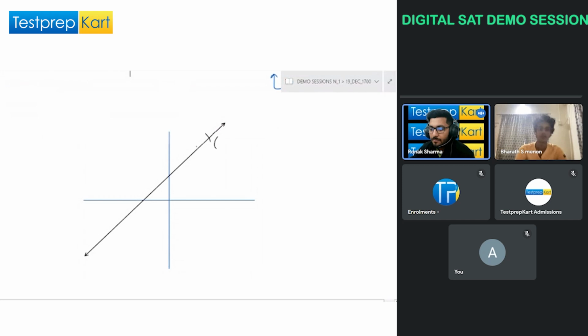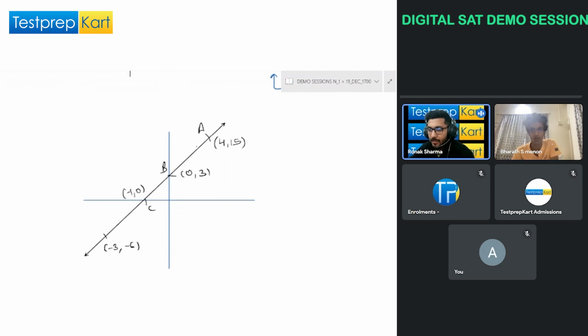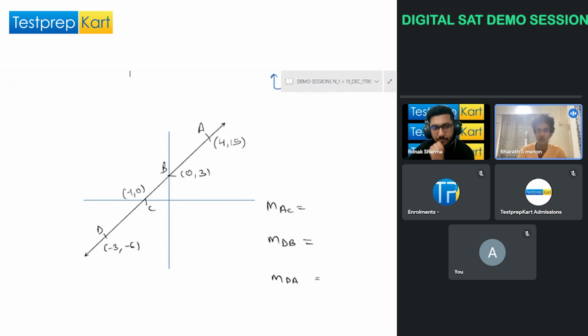Let's say I give you 4 points, A, B, C, D. I'm asking you to calculate the slope using the points AC, then using the points DB, and then using the points DA. It's the same for all three, and it will be 1/3. You're getting 1 by 3.